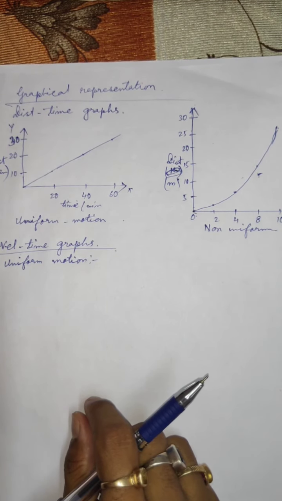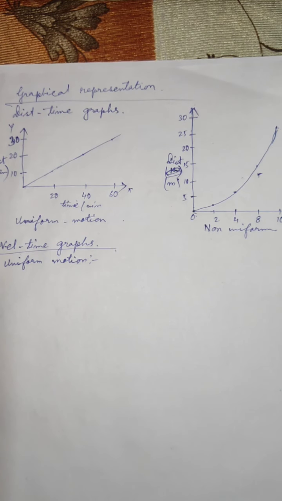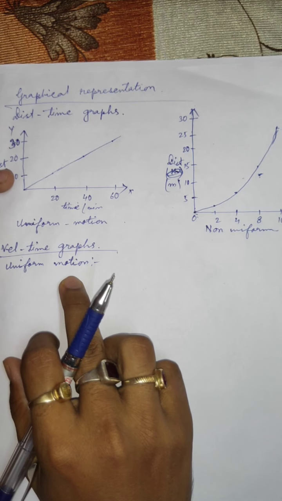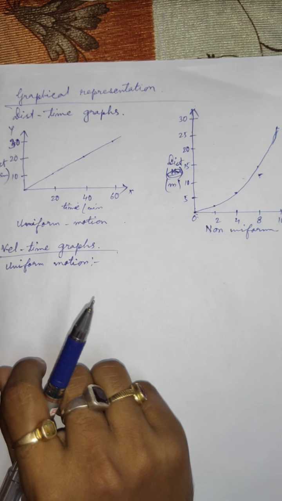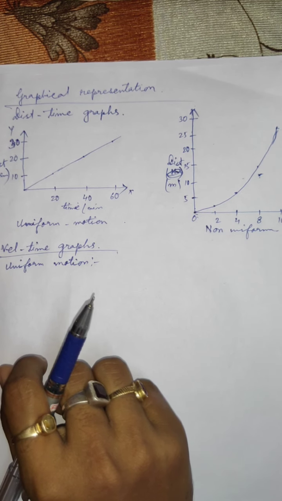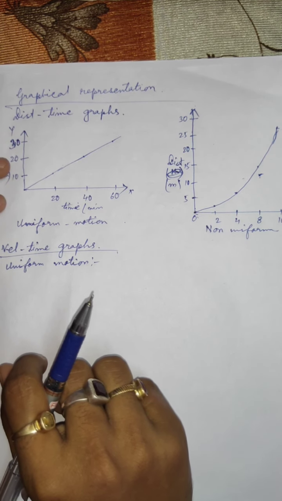So what would be the diagram for uniform motion? Actually in velocity time graph there are two types of diagrams. Two cases will be there in uniform motion. In one case the velocity will remain constant, and in another case the velocity will increase uniformly or decrease uniformly.